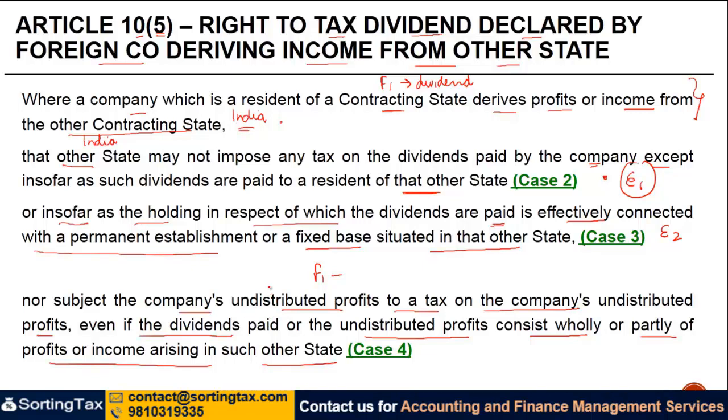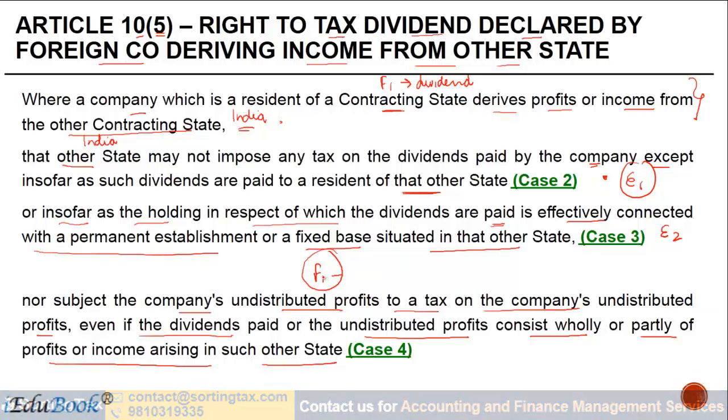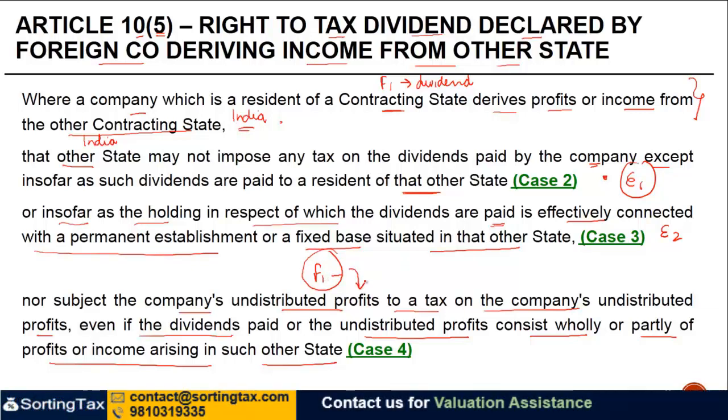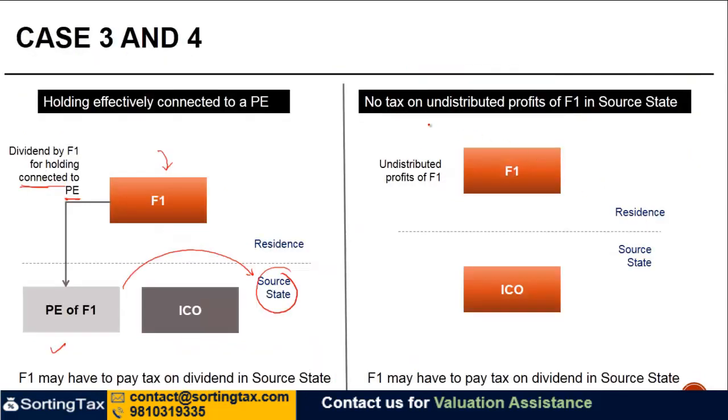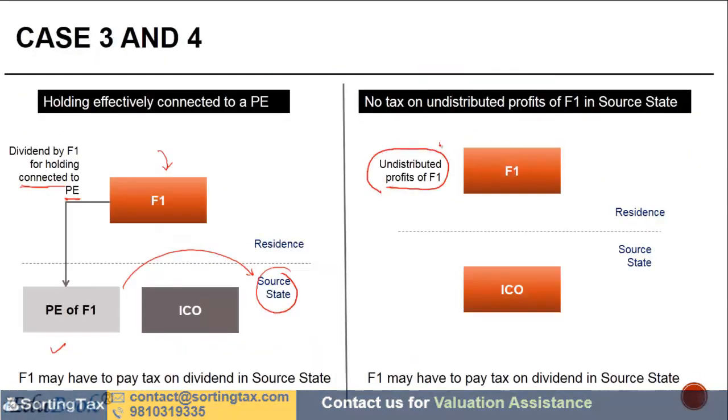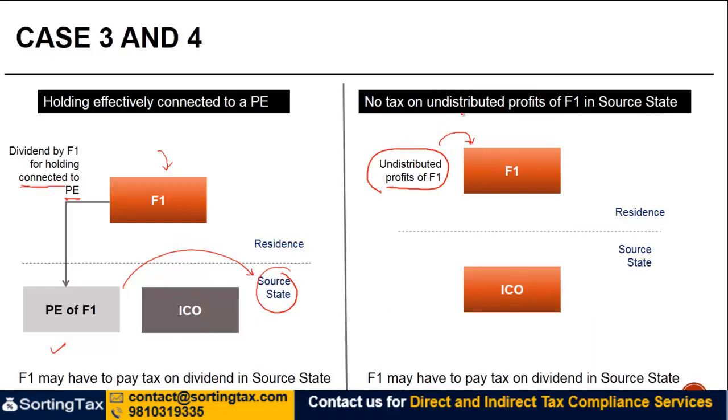Which means if this foreign company gets its entire income from India also, if it has some undistributed profit or it is declaring dividend out of those profit, the source state will not have a right to tax such dividend. So what this means is that if there are undistributed profits with F1, no tax on undistributed profits can be applied by the source state on such undistributed profits.